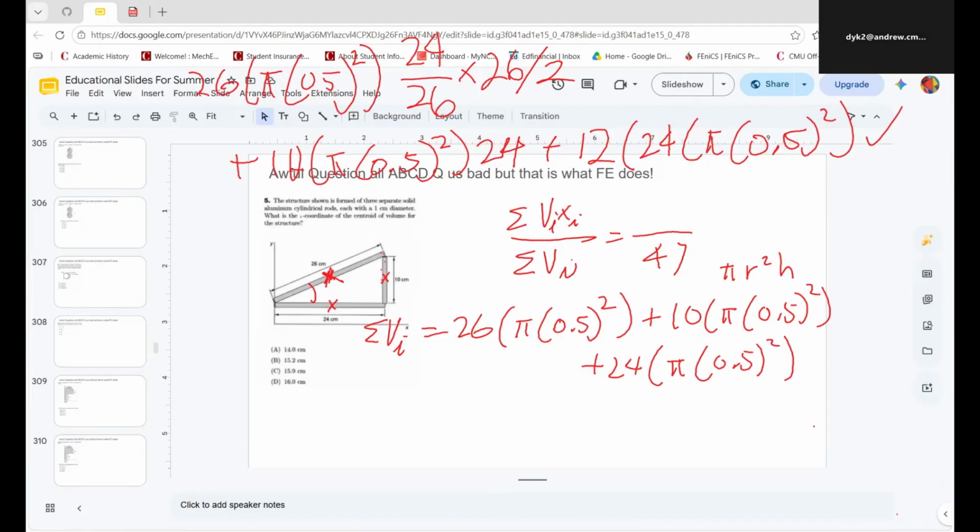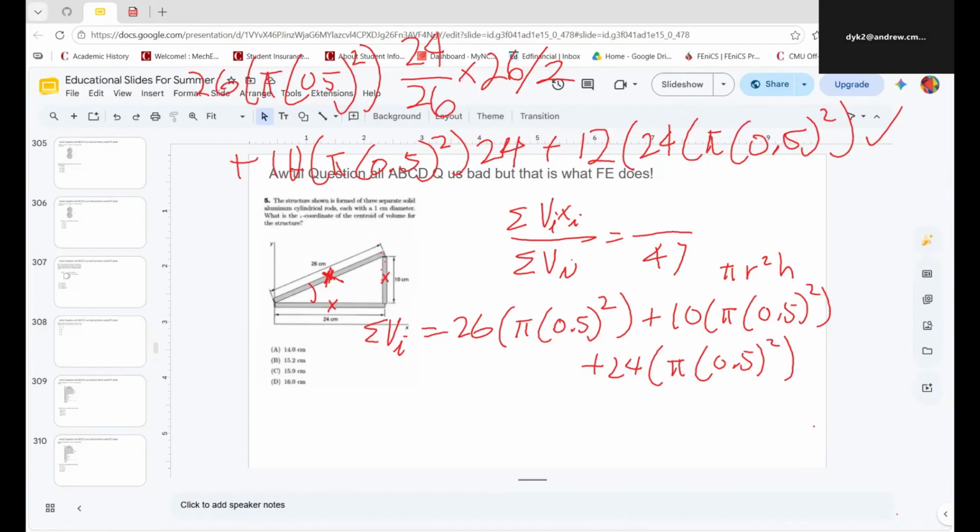And then we can do plus 10, right? Parentheses pi multiplied by 0.5 squared, parentheses 10 pi, and then multiplied by, what is it, 24? Okay. Plus is going to be 12 about, multiplied by 24, multiplied by parentheses pi, multiplied by 0.5.